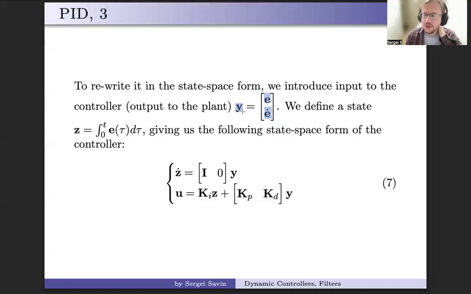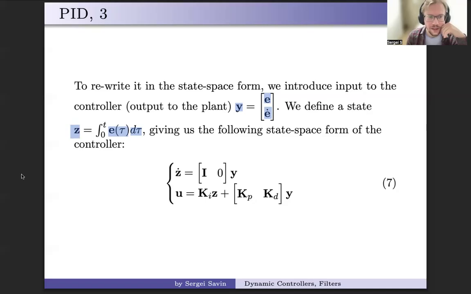So that is the input to the controller. As a dynamic system, it has input, has output, right? So the input is y, which is equal to e dot. And we define the state of the controller as z equal to the integral from 0 to t of e of tau, d tau.